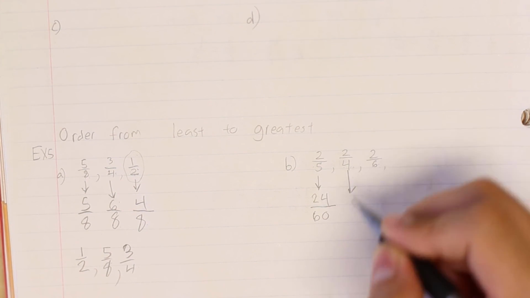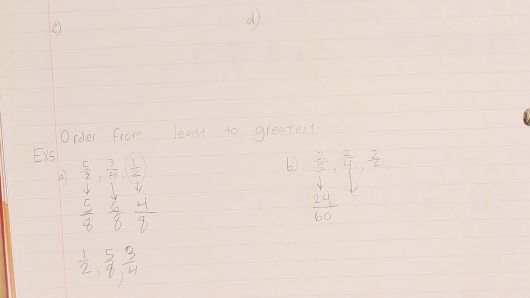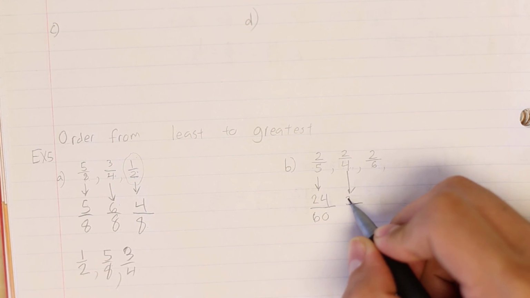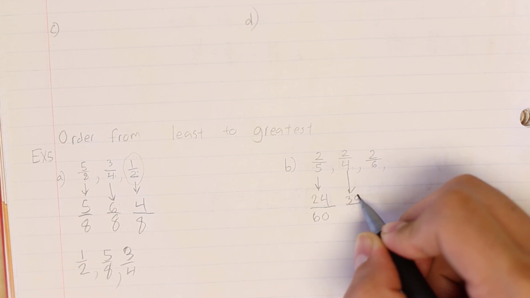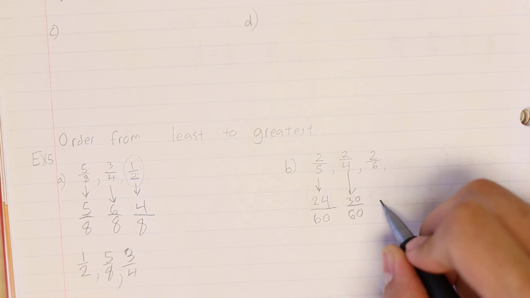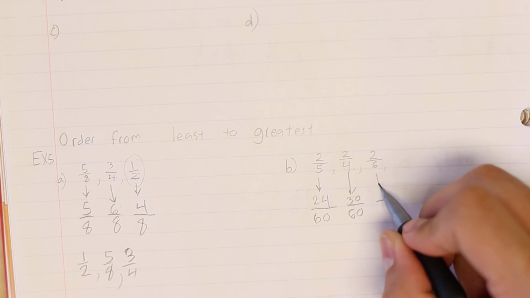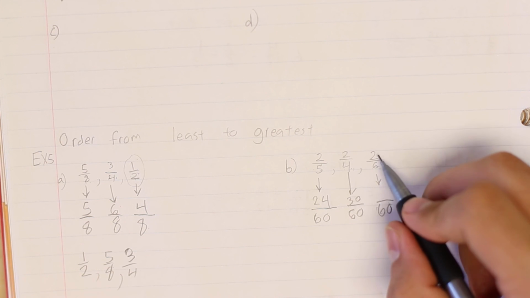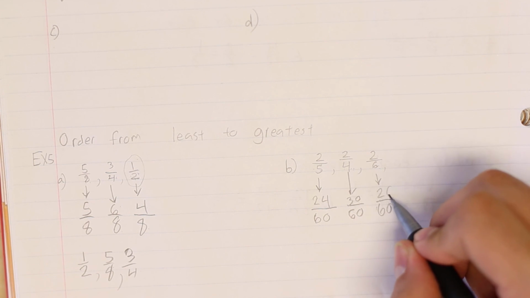Well, 4 times what gets 60? 15. So multiply that, you get 30 over 60. So over here, we end up with what times that? You multiply that by 10 to get 60. Multiply the top, you get 20.